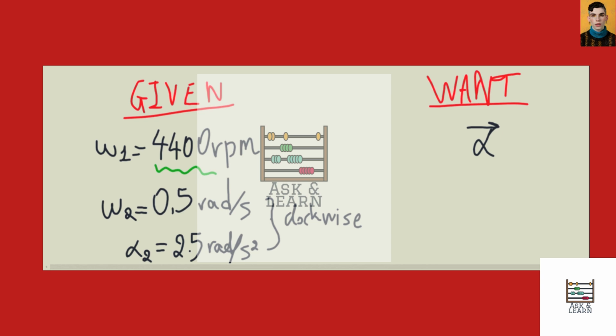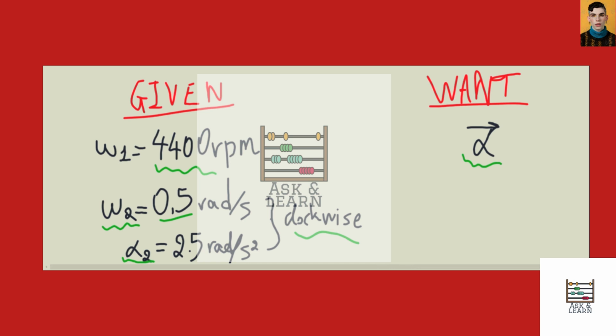And we've been asked to find the angular acceleration given that a worker rotates the sander about the z-axis with an angular velocity, let's call it omega 2, of 0.5 radians per second, and with an angular acceleration, let's call it alpha 2, of 2.5 radians per second squared, which are both clockwise from the point of view of the positive z-axis.